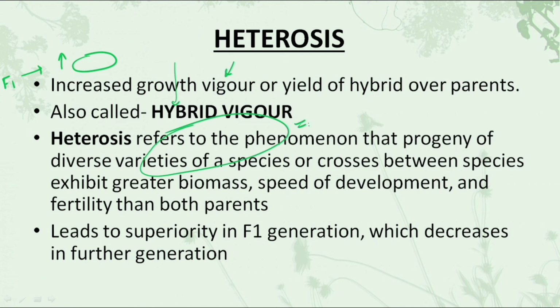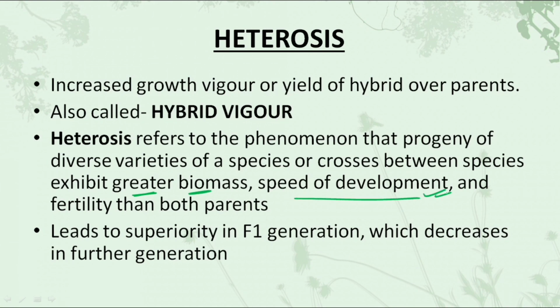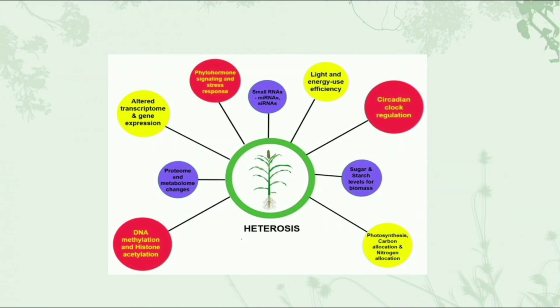It is a phenomenon in which there is greater biomass, and the speed of development and fertility are more than that of their parents. Now let's discuss where heterosis actually works.